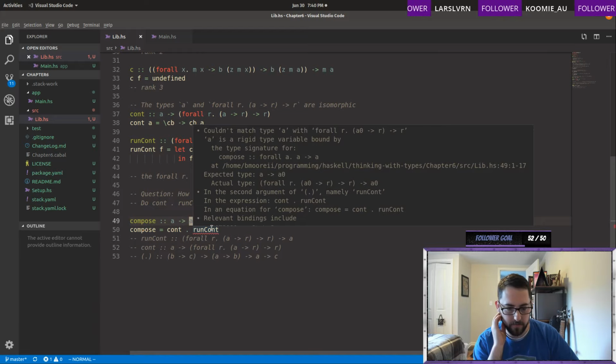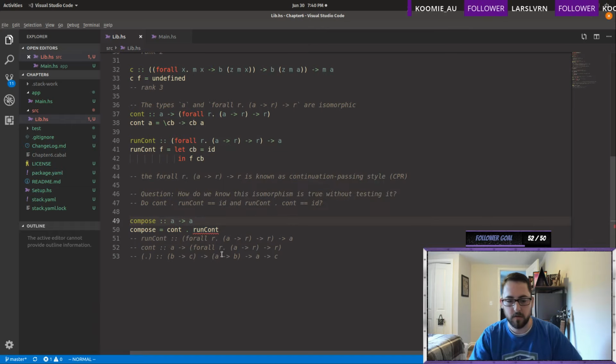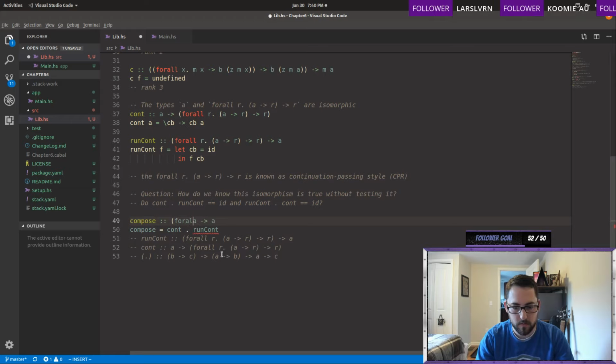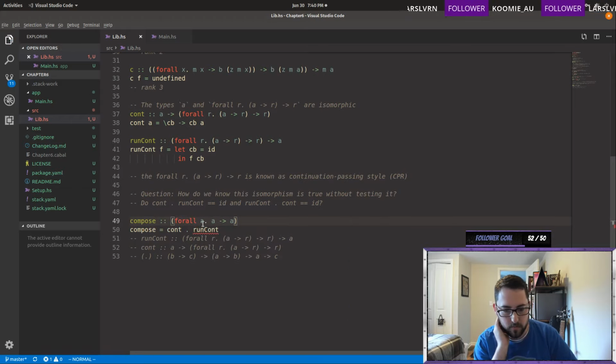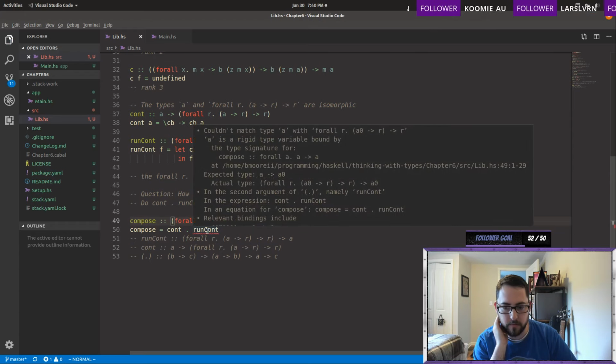I just don't know how to do this. We had a hard time with this last time. There's some sort of for all in here that we need. I just don't know what it is.